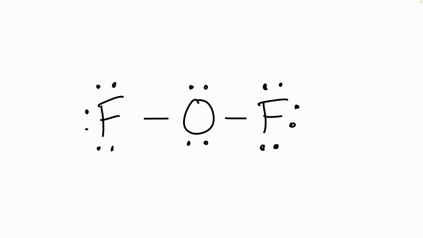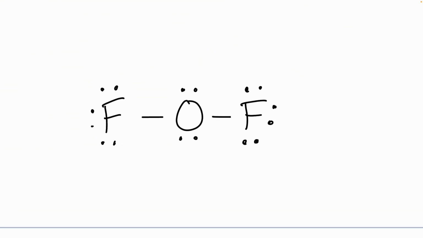All right, so if I look at my fluorine here, it's got these 2, 4, 6 electrons in lone pairs. But it's also got this covalent bond associated with it, which is worth how many electrons? 2.